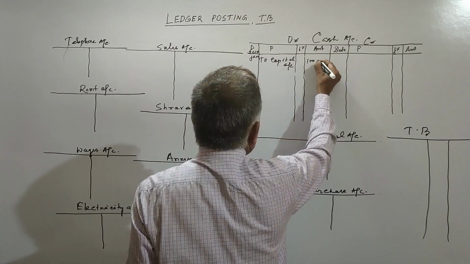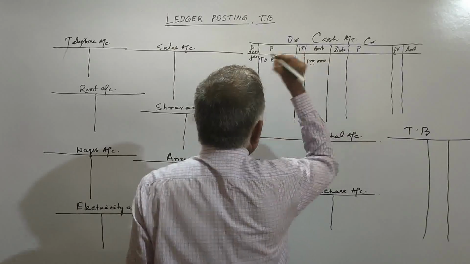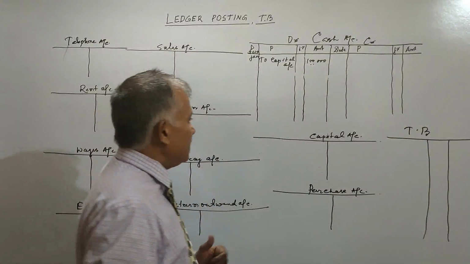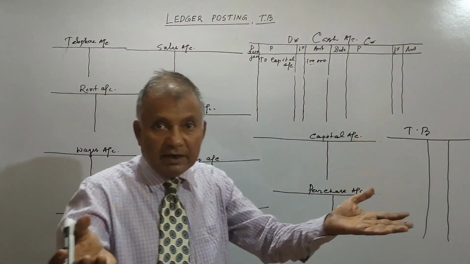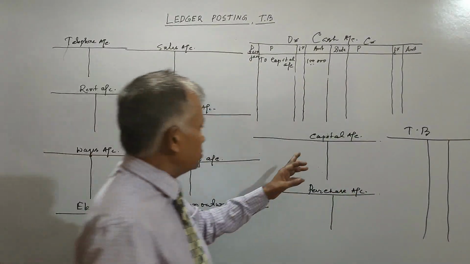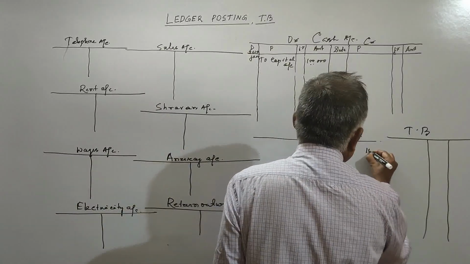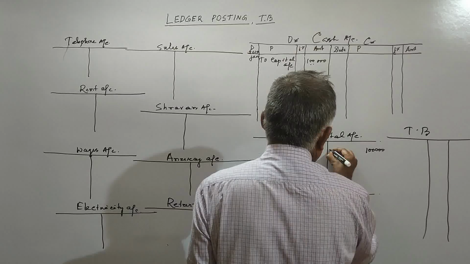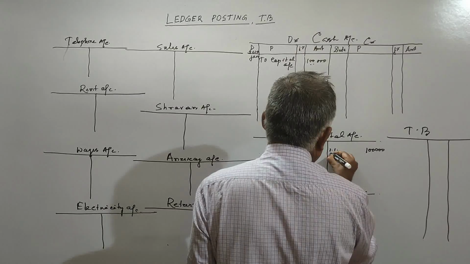account 1 lakh. This is the position. And in the capital account, your capital account is credit. So in the capital I am writing 1 lakh. Date will be the same, 1/1/19.